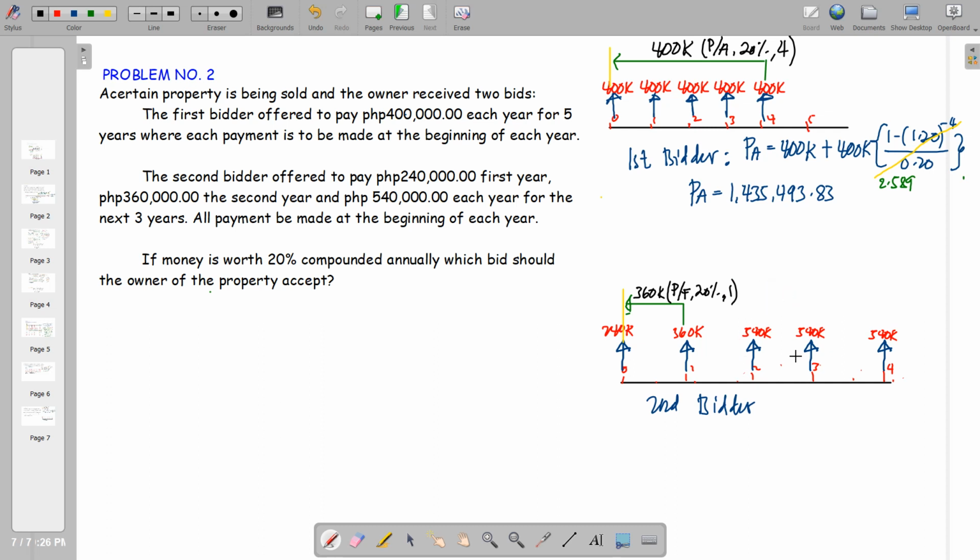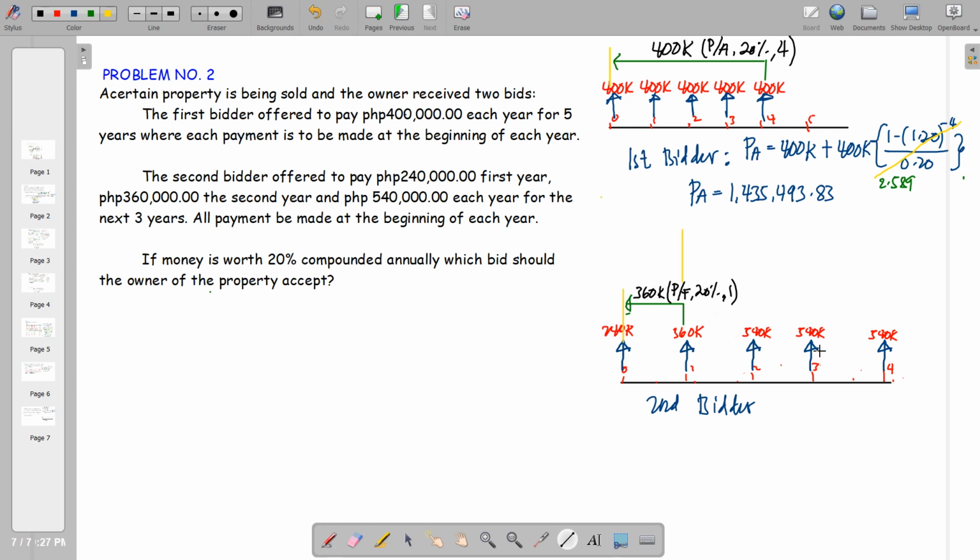So next is meron tayong uniform payments here. If we treat this to be ordinary annuity, atras lang tayo ng isa, okay, and then we will use this year 1 as our timeline, okay, to bring this annuity on the present time of that range and then further bring it to year 0.